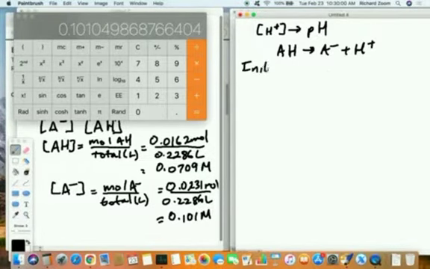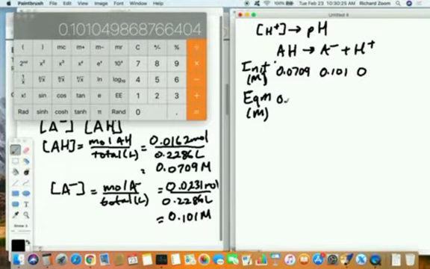We have our initial and the equilibrium. The initial is going to be what we calculated, 0.0709. The initial on the A minus is 0.101 and the initial on the H plus is 0. Then at equilibrium we lose some of the AH, we gain a bit of A minus, and we gain Z here, which is the H plus.